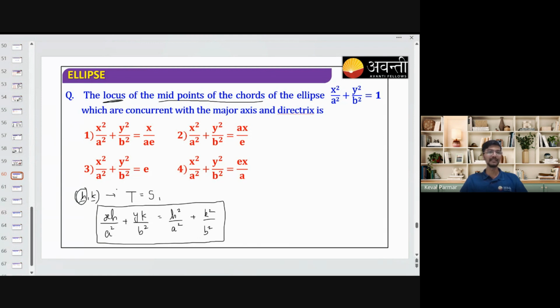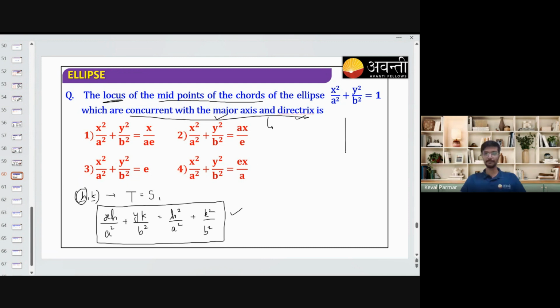It is given that this is concurrent with the major axis and directrix. Concurrent means all these three, that is, this equation, the major axis and the directrix pass through a common point. Now, what is the point of intersection of the major axis and directrix?